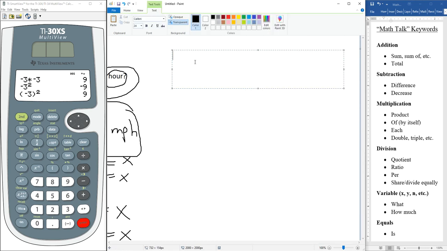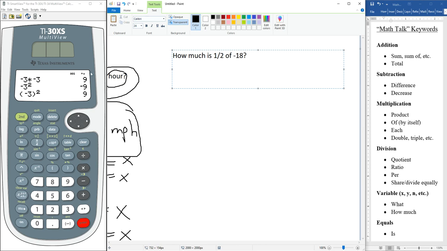Okay, so how much is one half of negative 18?